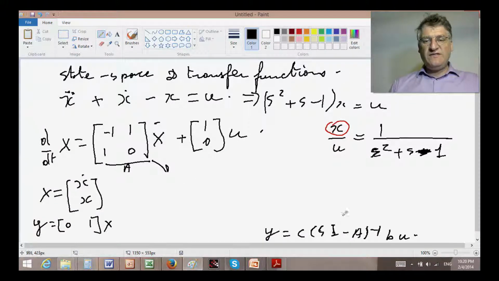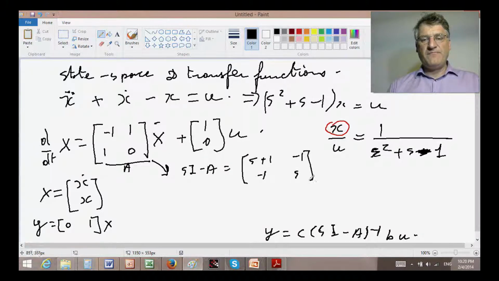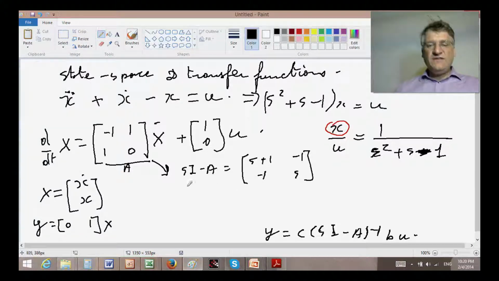Okay, so let's see if this formula works. A is this. Okay, so sI minus A is equal to s plus 1, minus 1, minus 1, and s. So what is (sI minus A) inverse?